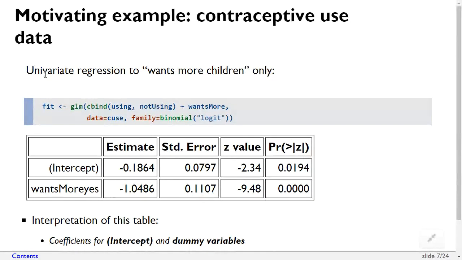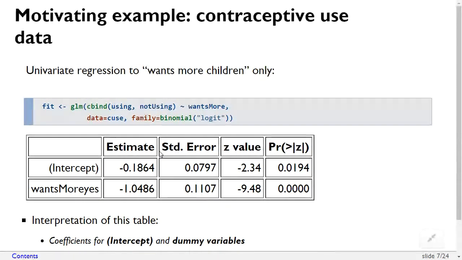So the intercept always refers to the reference group. Whatever your reference group is, even in a big multivariate model, your intercept will tell you the expected value for the reference group. Here, the reference group is everyone who does not want more children, and this tells you the log odds of that group using contraceptives.